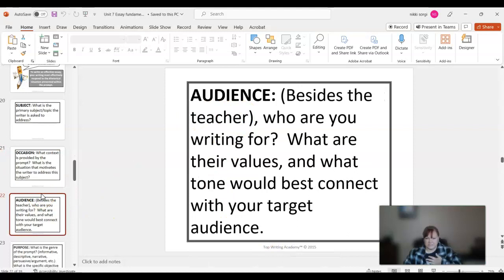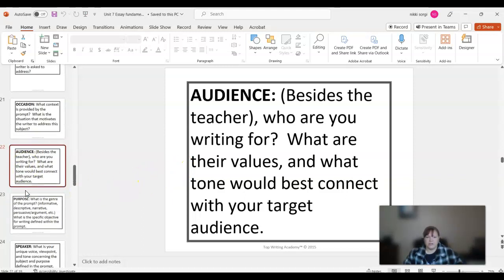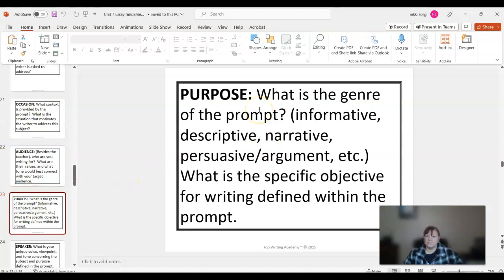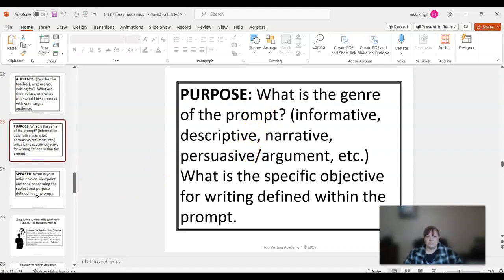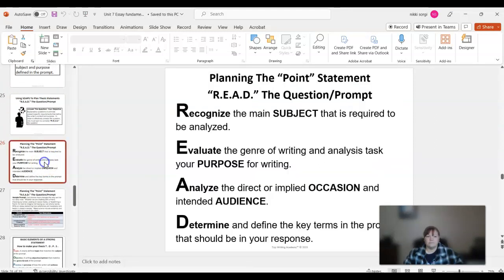Your audience, besides me, is somebody who would 100% want to go into that career and who might need more information. So your purpose is then to explain and inform your reader. So recognize the main subject that is required to be analyzed. Evaluate the genre of writing analysis task for your purpose of writing.